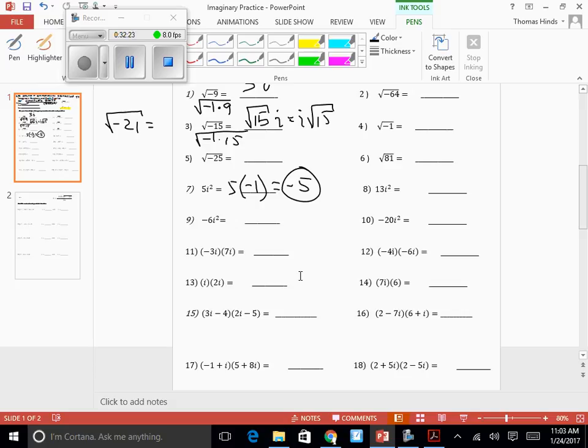Number 9. Any other number 9? Hands up. If you're working on it, that's fine. While we go around to the others, you'll be able to. Any other number 9?